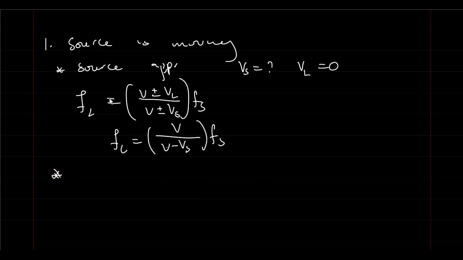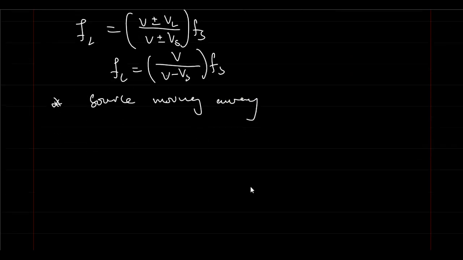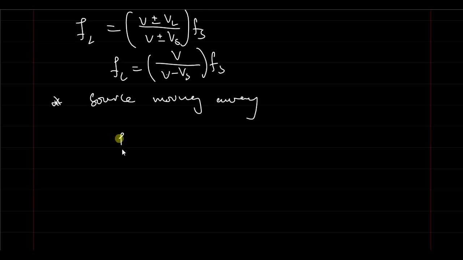What about when the source is moving away? When the source is moving away, the listener must observe a frequency which is less than the frequency emitted by the source.